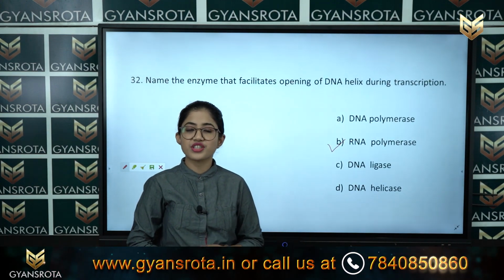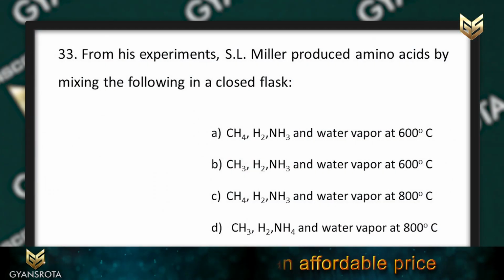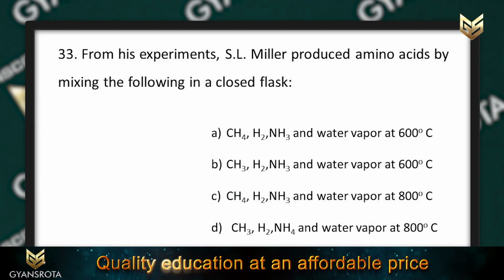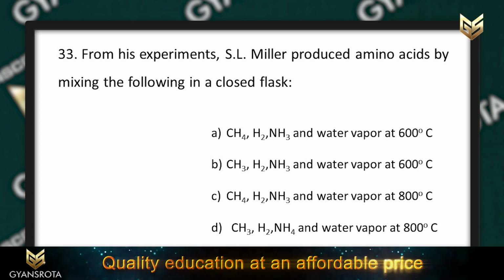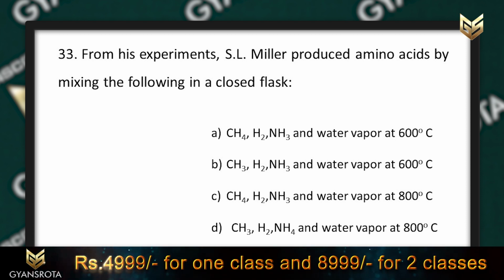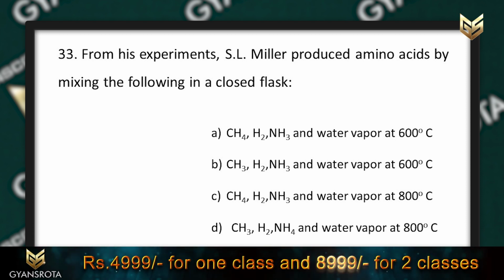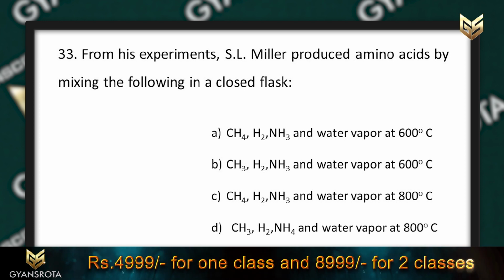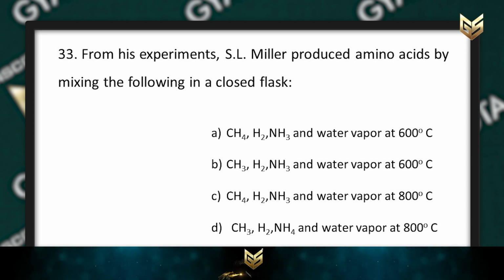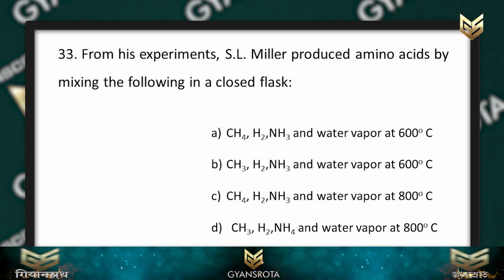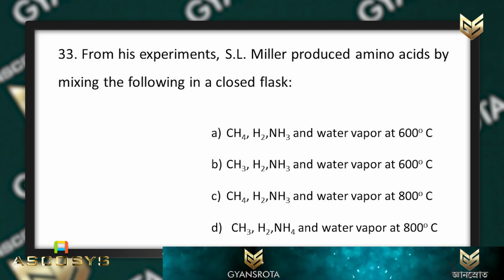Now let's see the next question, that is question number 33. In question number 33, you can see, from his experiments, S.L. Miller produced amino acid by mixing the following in a closed flask. Option number A, methane, hydrogen, ammonium and water vapor at 600 degrees Celsius.